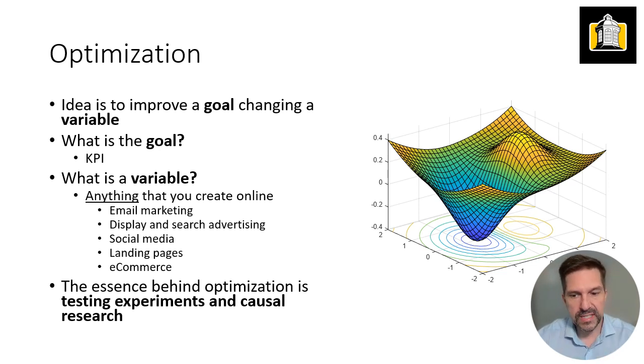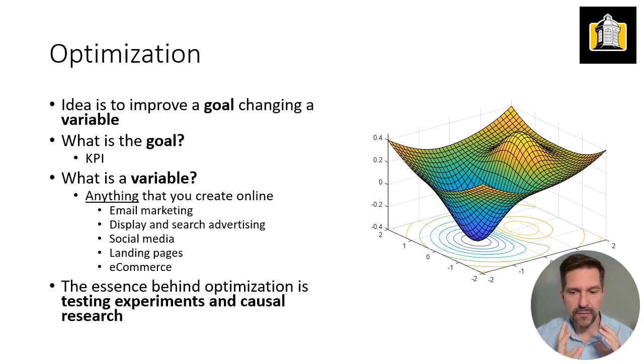So what we're doing essentially from a math perspective is this idea of optimization. What does that mean? The idea is pick a variable of interest, in our case conversion, whether somebody actually does an action or not. It could be to sign up for your newsletter, it could be to buy your product, it could be to create a profile in your website, it could be to download a newsletter, whatever it is.